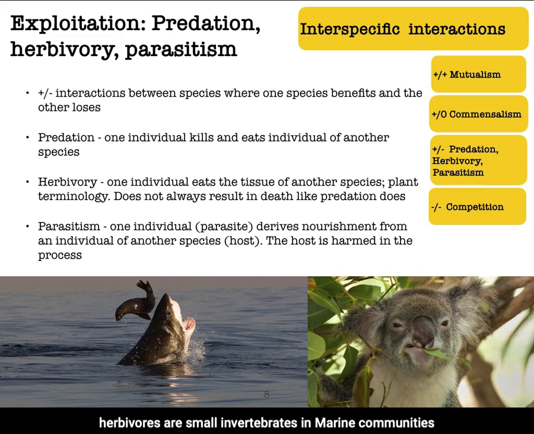In marine communities, sea urchins, fish, and some mammals, such as the manatee, are herbivores. Herbivores have adaptations such as chemical sensors and specialized teeth or digestive systems for seeking and feeding on prey. Plants also have defenses, and these include chemical toxins as well as protective structures such as spines and thorns.